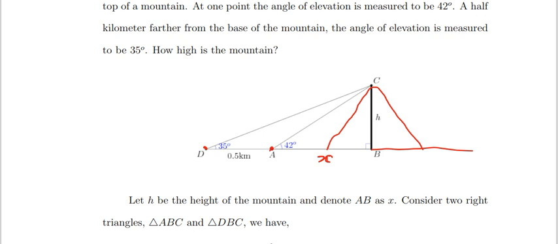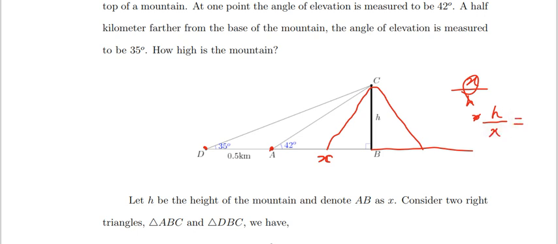So we want to solve the equations. We want to find h and x. We don't need to find x in the end, but there's x. Let's check this large triangle ABC. We say h over x, I got confused, it doesn't matter.